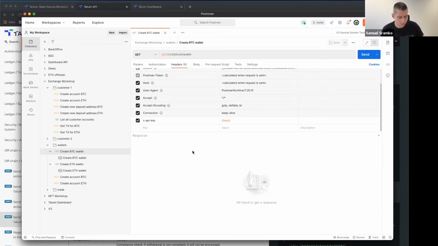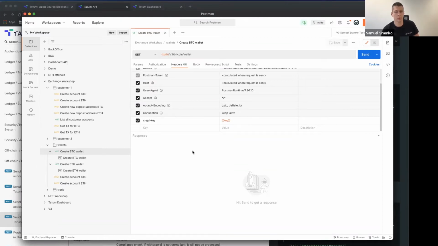When you want to build an exchange, there are three steps you need to think about. First of all, you need to take care of the private keys of your customers and of the blockchain assets you will be supporting.